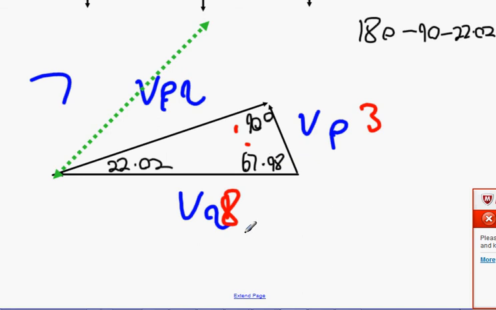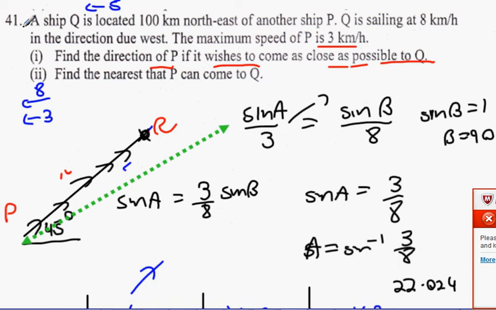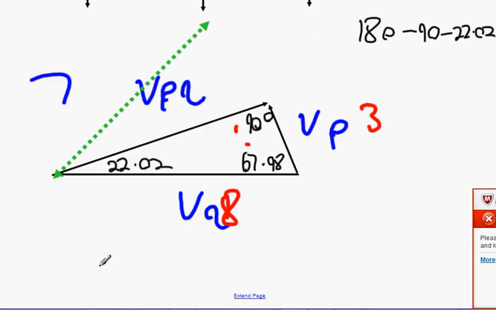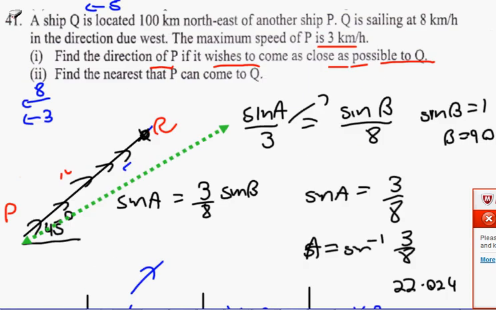And that means P is going to be travelling east, 67.98 degrees north. Happy enough with that? And then we eventually have to find the nearest P can come to Q. Now, here's an interesting way of doing this.